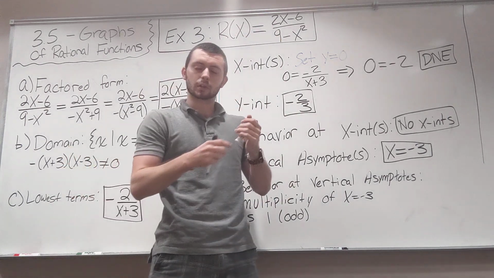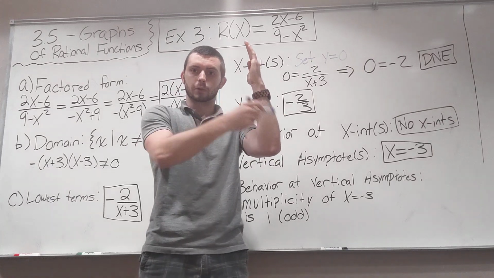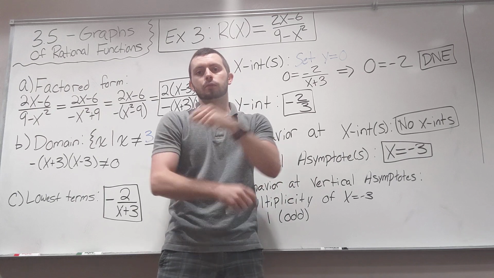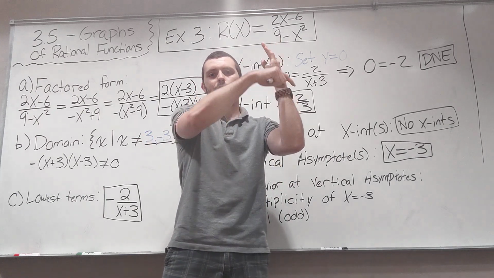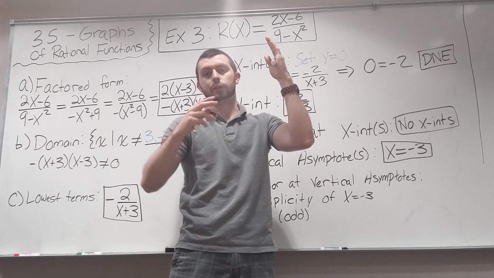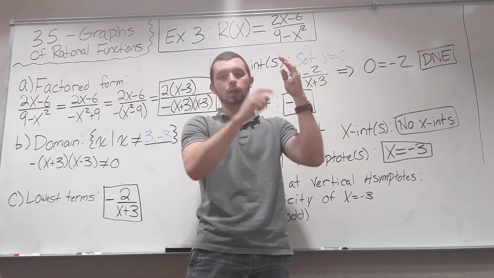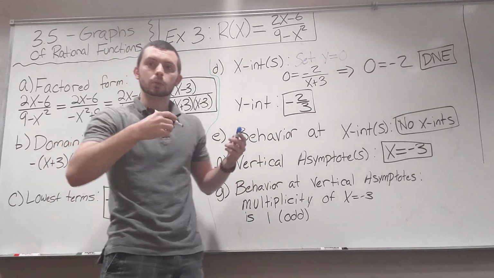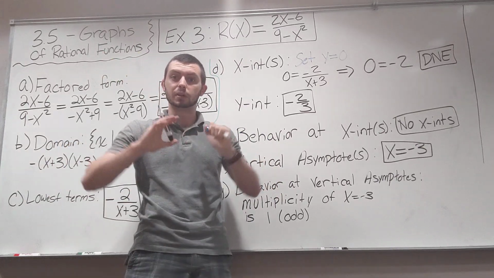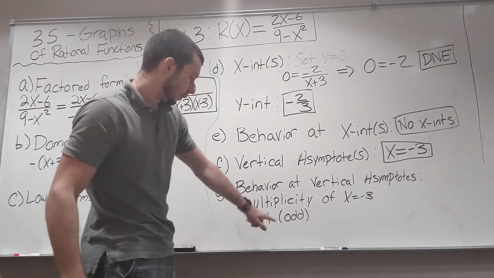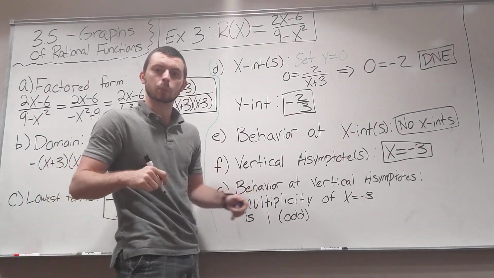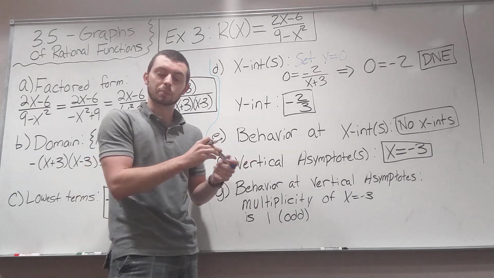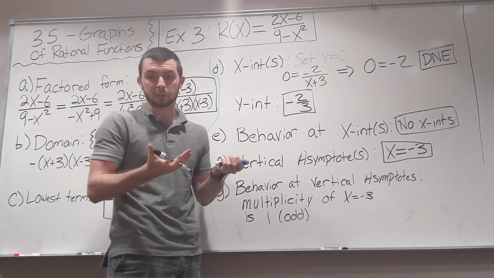And the question is, on both sides of the vertical asymptote, how can we determine if one side goes towards infinity and the other one goes towards negative infinity, or do they both go towards positive infinity or both go towards negative infinity? Well, that comes down to crossing and touching. So this is the generalization. So since this is odd, that tells us, well, normally crossing, but that will tell us that one side will be positive infinity and one side will be negative infinity.